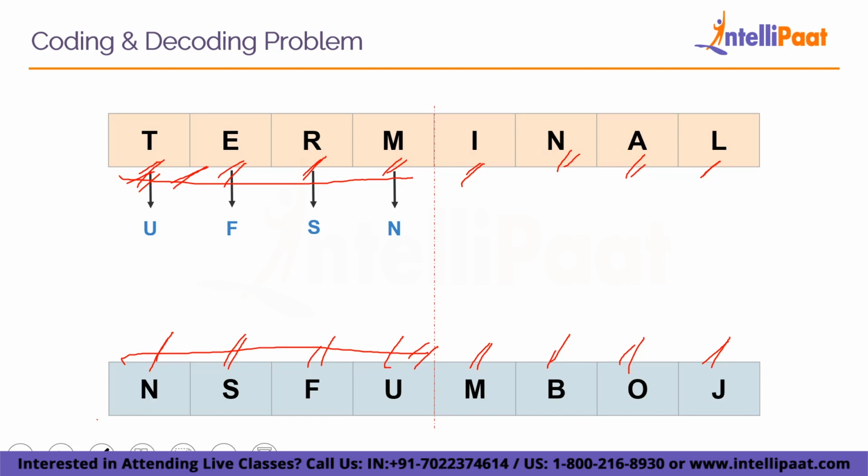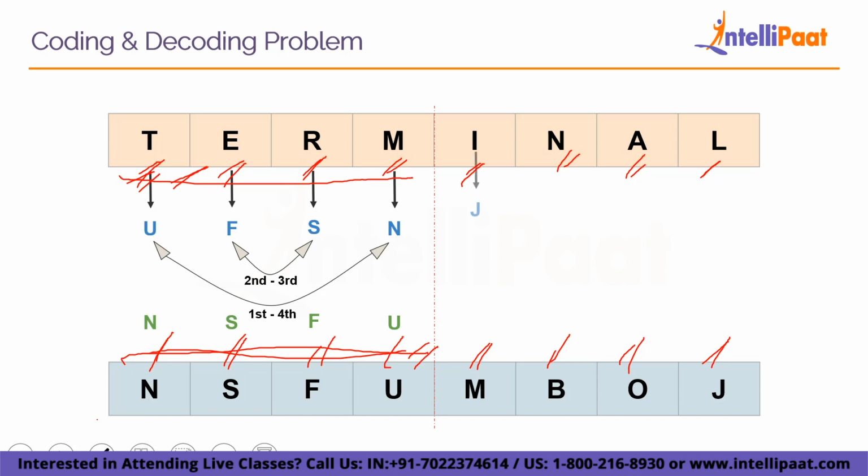So here you can see U, F, S, N, and in the bottom you can see all letters are present here, but they are not in the correct order. So now what we are doing here is just interchange the first and fourth element and interchange the second and third element. So once you interchange that, you will get the code, that is NSFU. So you get the half code, how it is coded, right? So using the same approach we have to follow in the second half.